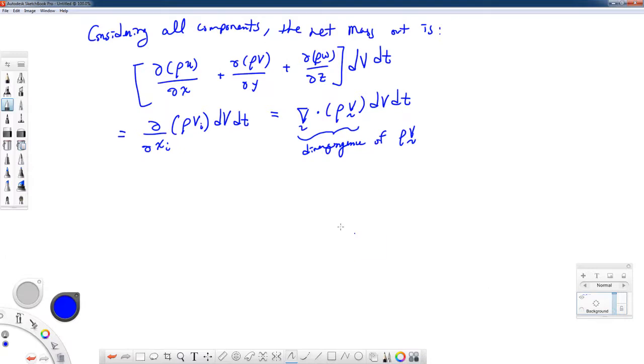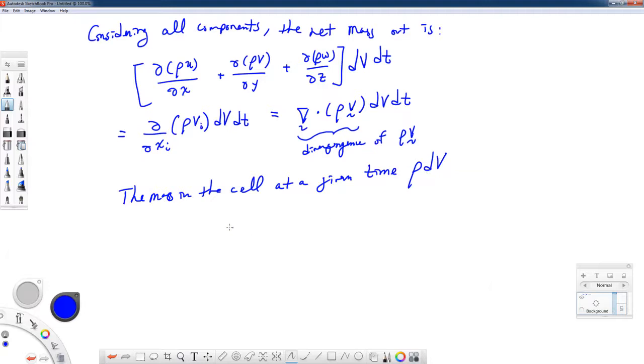Okay, now we may have some mass in the cell, and we can figure out what that is. We know the density and the volume. So the mass in the cell at a given time is rho times dV.